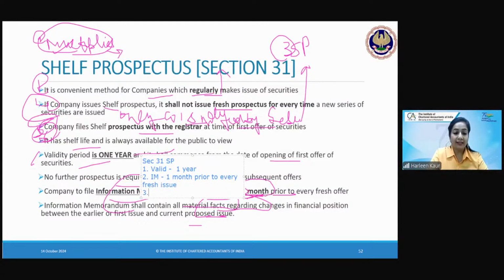And what is the 3rd? Within 15 days, a refund of advance money shall be given. Please write down these 3 important dates. It is valid for 1 year and has to be given 1 month prior to every fresh issue. Within 15 days, refund of advance money.